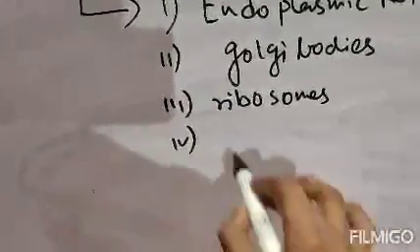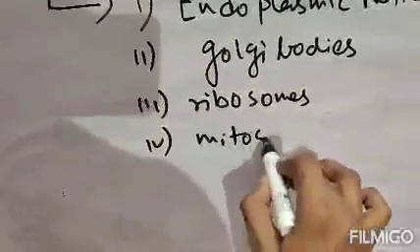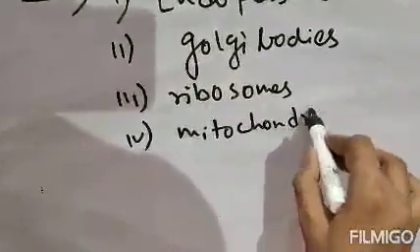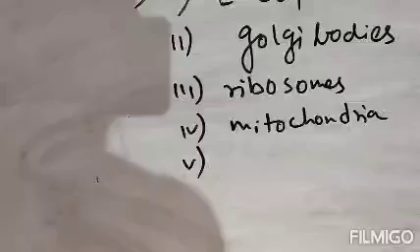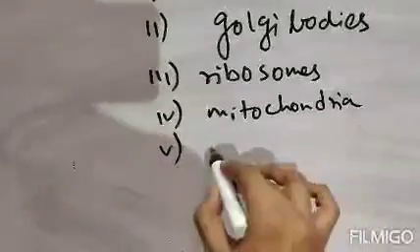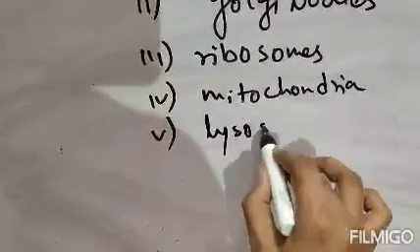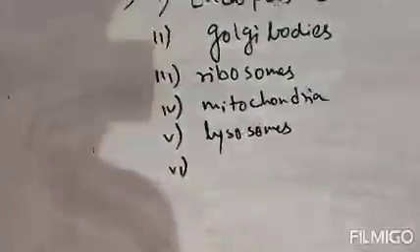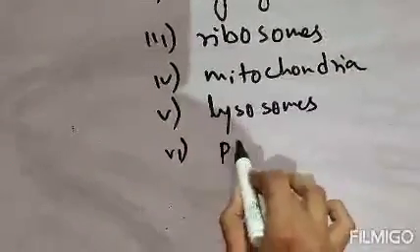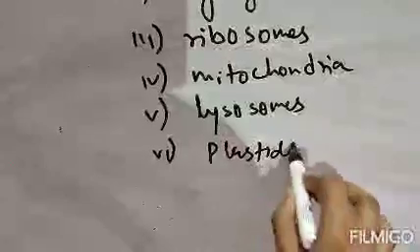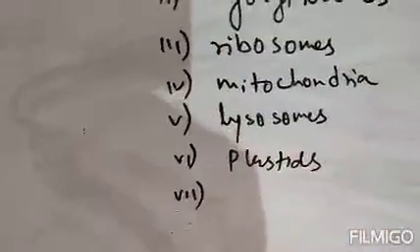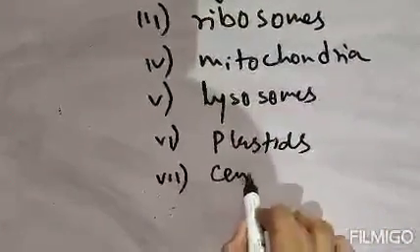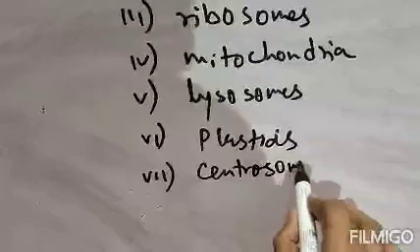Number four cell organelle will be mitochondria. Number five would be lysosomes. Number six would be plastids. And lastly, number seven will be centrosomes.